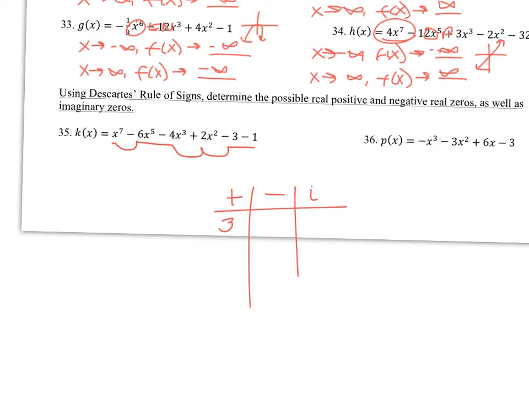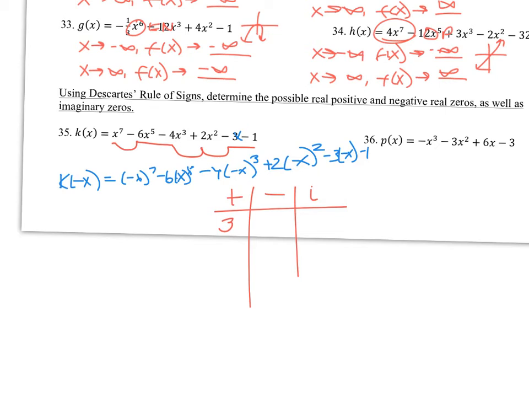Now to do negative, I'm going to evaluate k of negative x. So I'm going to do negative x to the 7th minus 6 times negative x to the 5th minus 4 times negative x to the 3rd plus 2 times negative x squared minus 3 times x, times negative x minus 1.